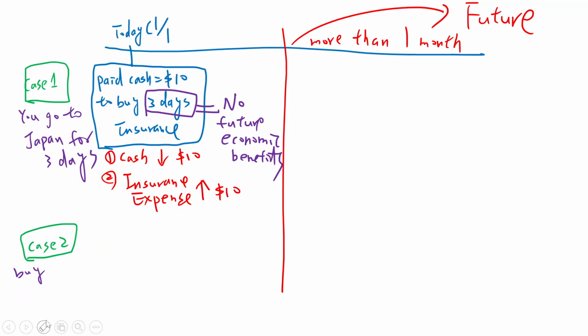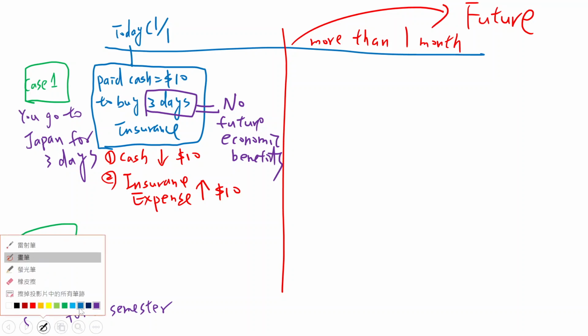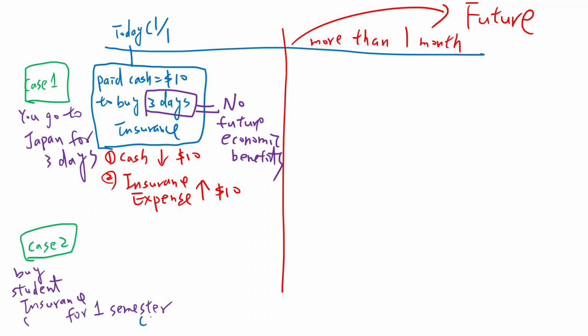You pay the money when you pay the tuition, at the same time. So you buy student insurance, 学生保险, for 1 semester. One semester, how long? 18 weeks.